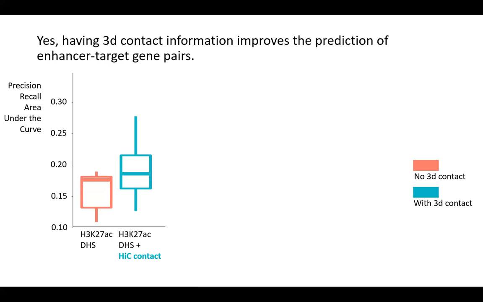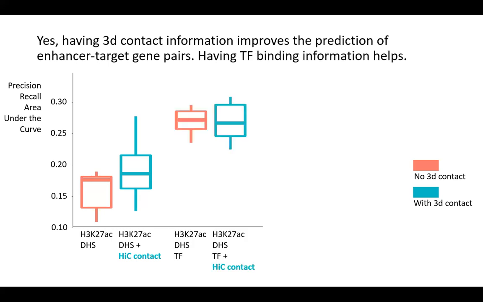And if you add to those enhancer strength and genomic distance, add to that Hi-C contact, it increases the predictability significantly. And it's the same even with transcription factors. So if you put in transcription factor peaks, overall you can see that the prediction improves a lot, but having Hi-C contact improves the prediction a little bit more.